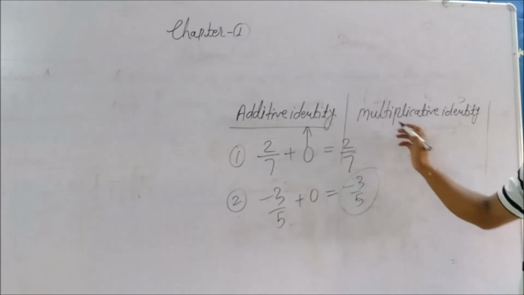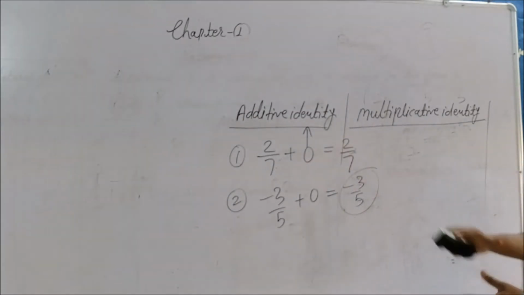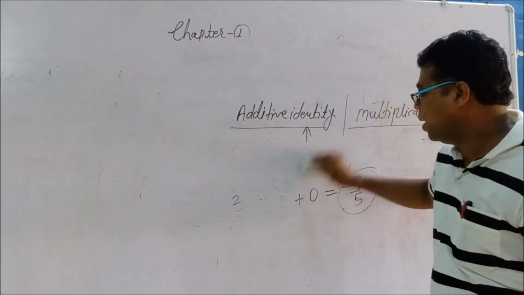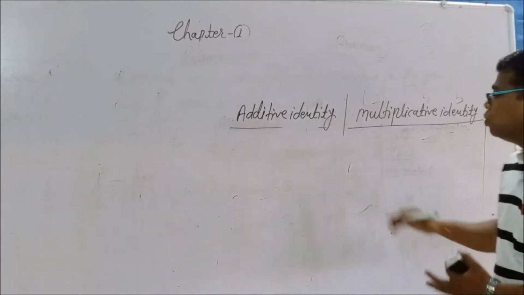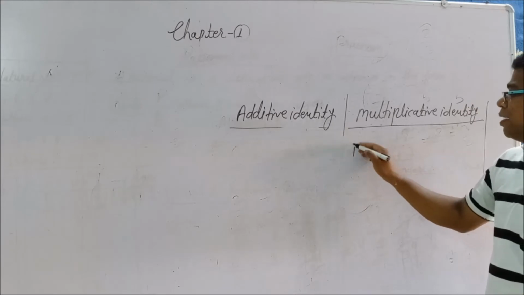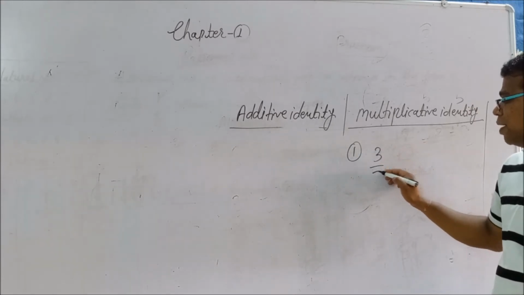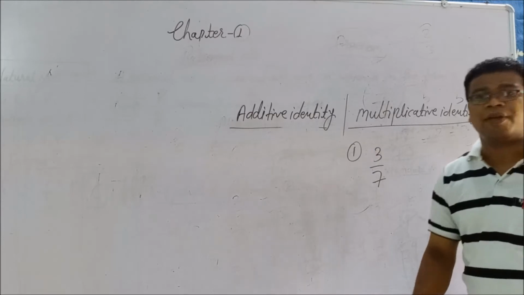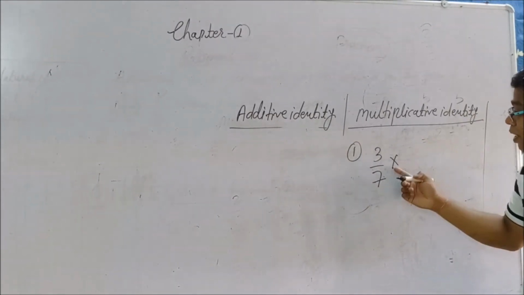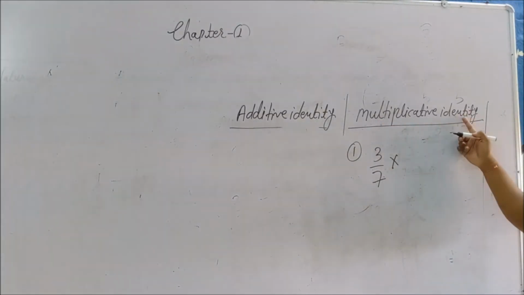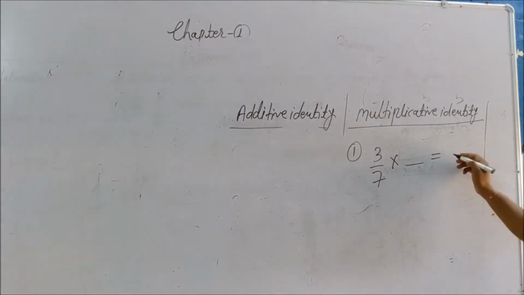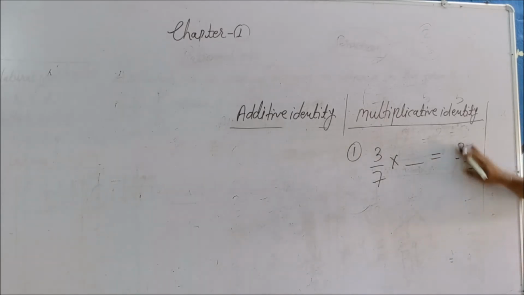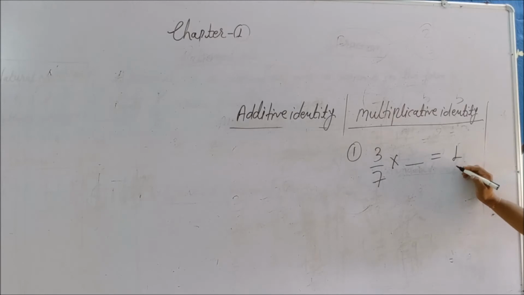Same like that, we are going to talk about multiplicative identity. In the multiplicative identity, see, for example, 3 upon 7. If I take 3 upon 7, what number do I have to multiply with it?